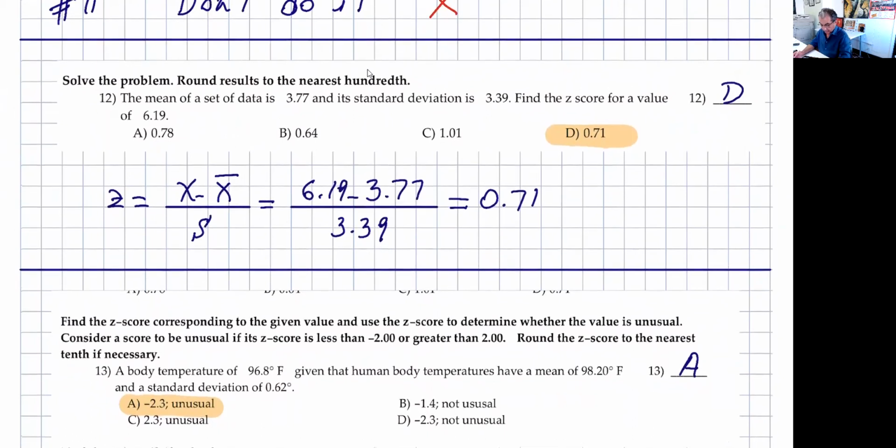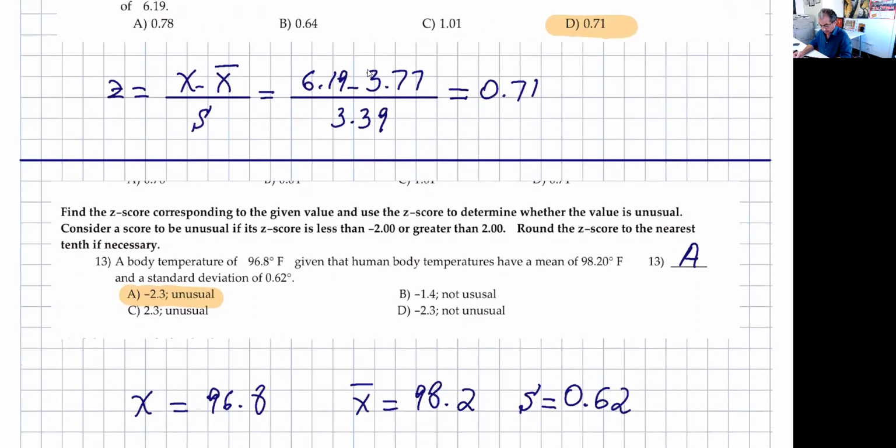Find the z-score corresponding to the given value and use the z-score to determine whether the value is unusual. It gives you the explanation. If the z-score is less than -2 or greater than 2, then that number is unusual.